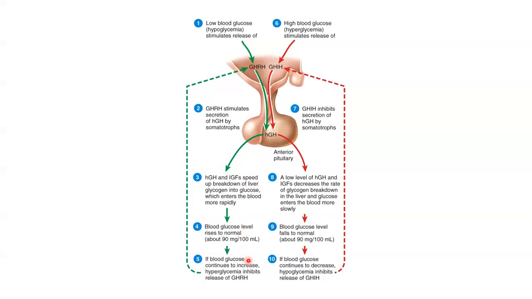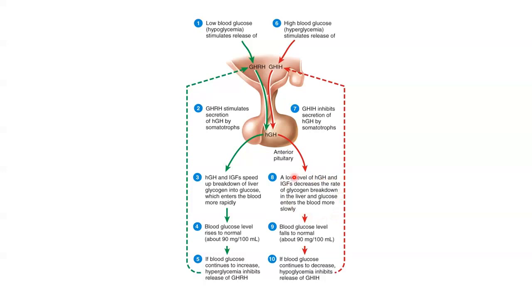If that blood glucose continues to increase, that hyperglycemia, or really high levels of blood glucose concentration, will then work in a negative feedback loop to inhibit growth hormone releasing hormone. At the same time, high blood glucose concentration leads to the production of growth hormone inhibiting hormone. That inhibits the release of human growth hormone from the anterior pituitary gland.